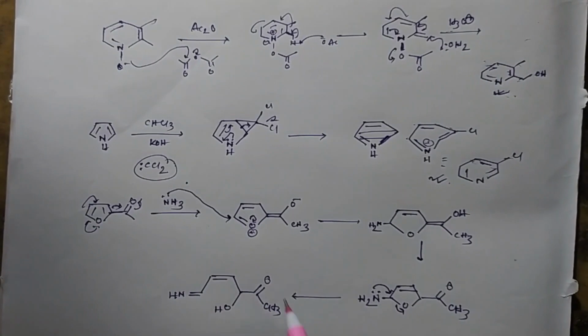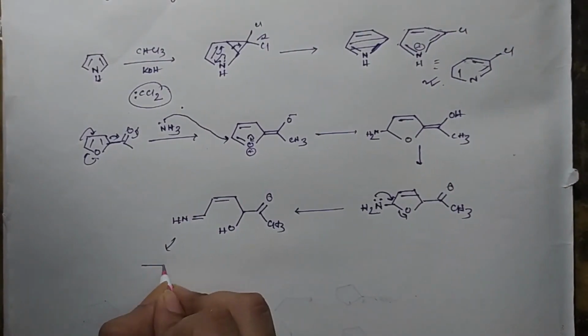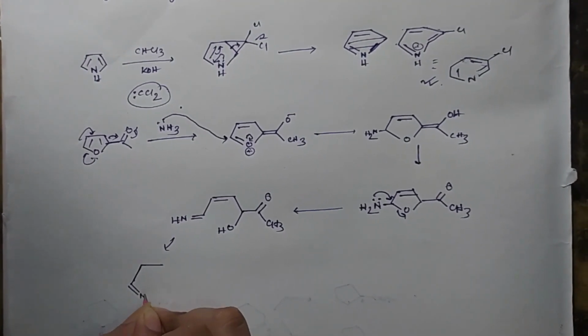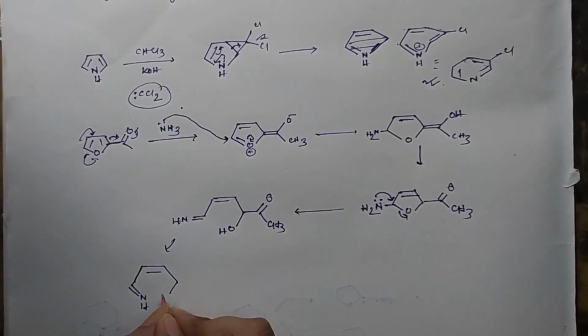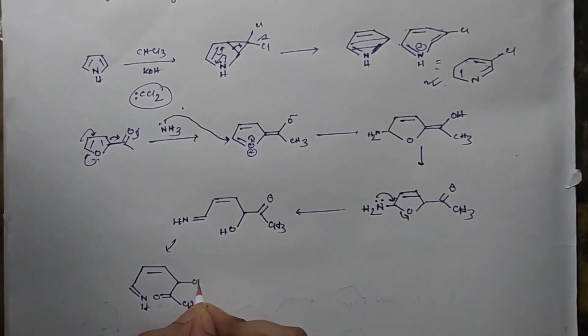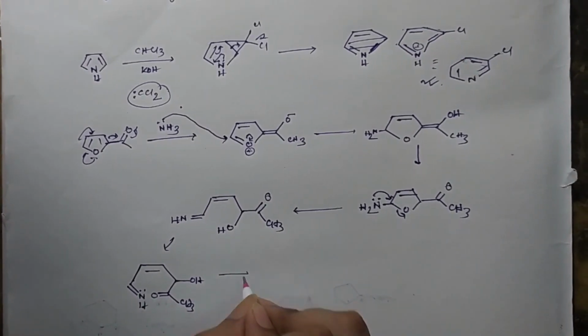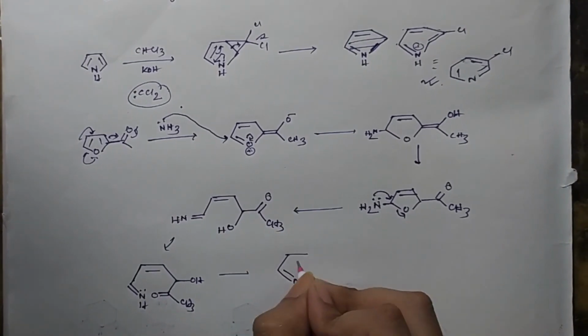Now I am just taking this bond into here just for simplification, so I am just writing it like this, for simplicity of the drawing. So now from this center and this carbon center, a condensation reaction takes place. After that, there was a double bond.